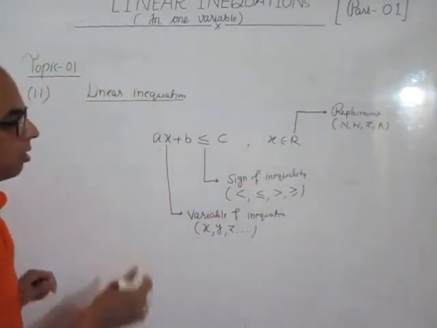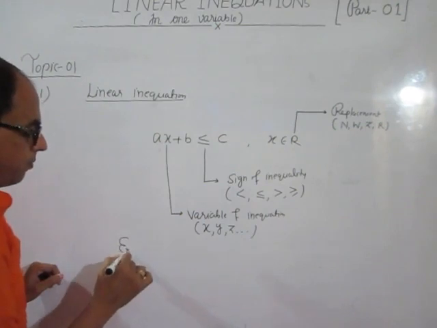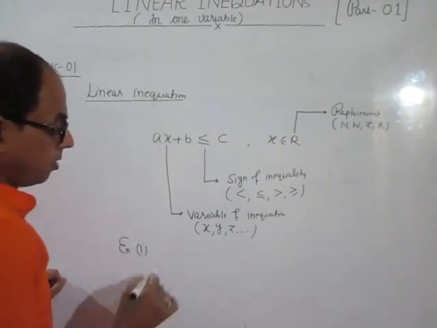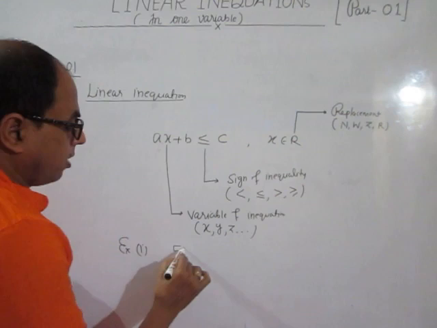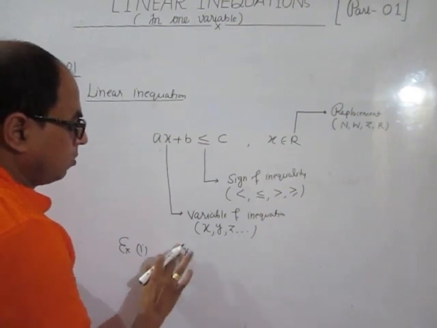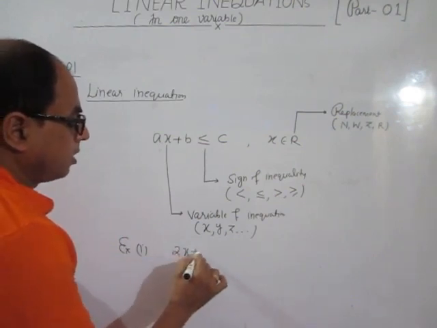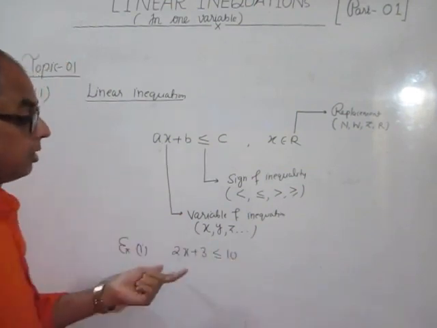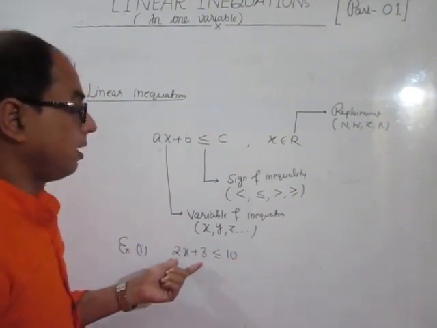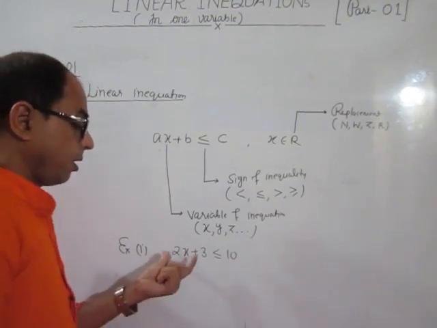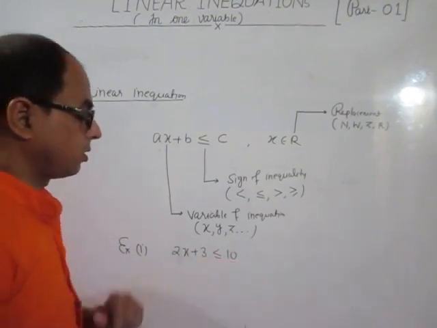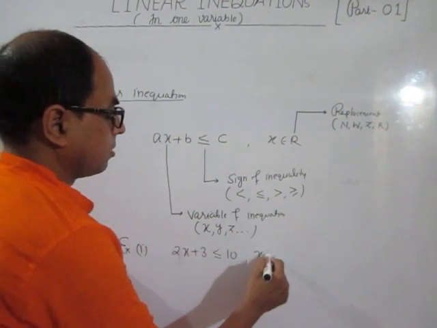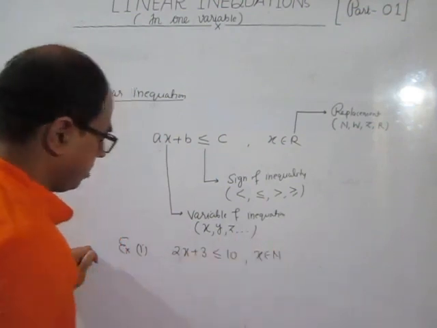So for example, 2x plus 3 less than or equal to 10. It is an example of linear inequation. Why? We have compared a linear equation with a constant, and let the replacement set be the set of natural numbers.